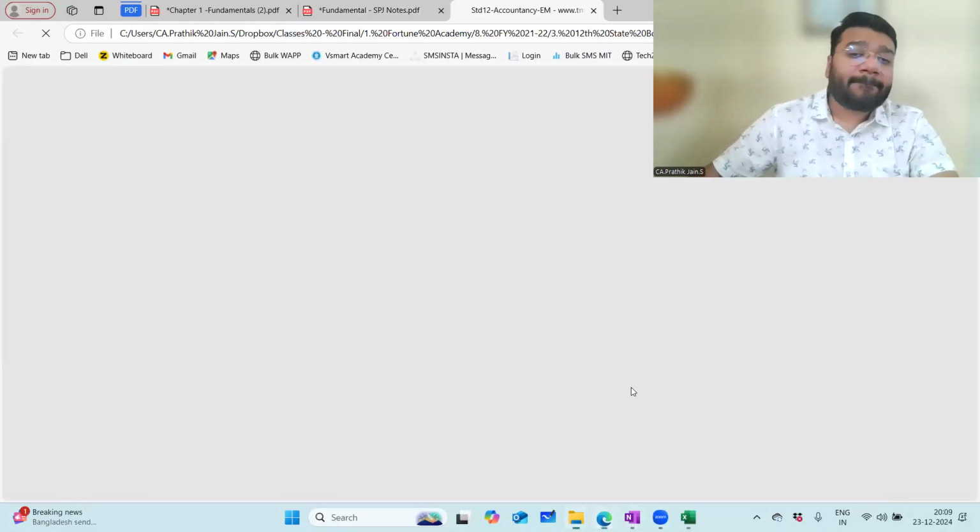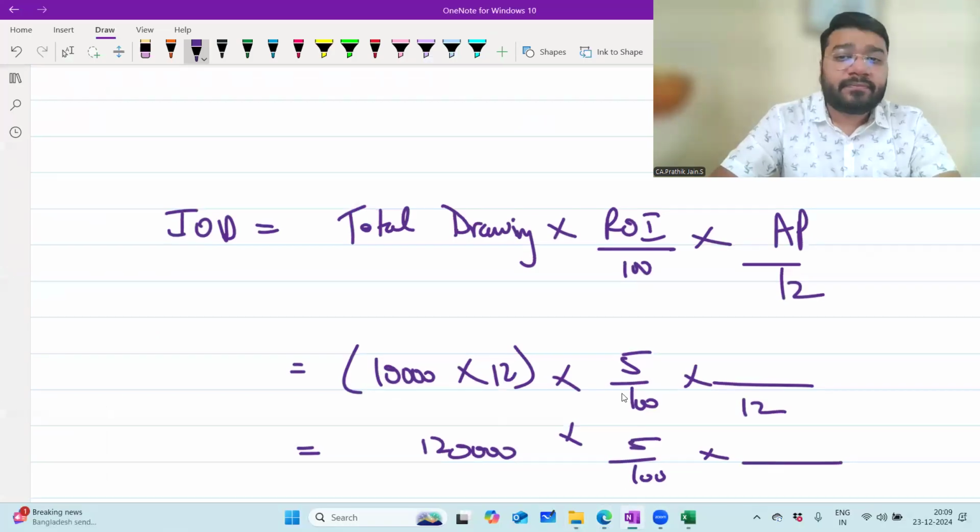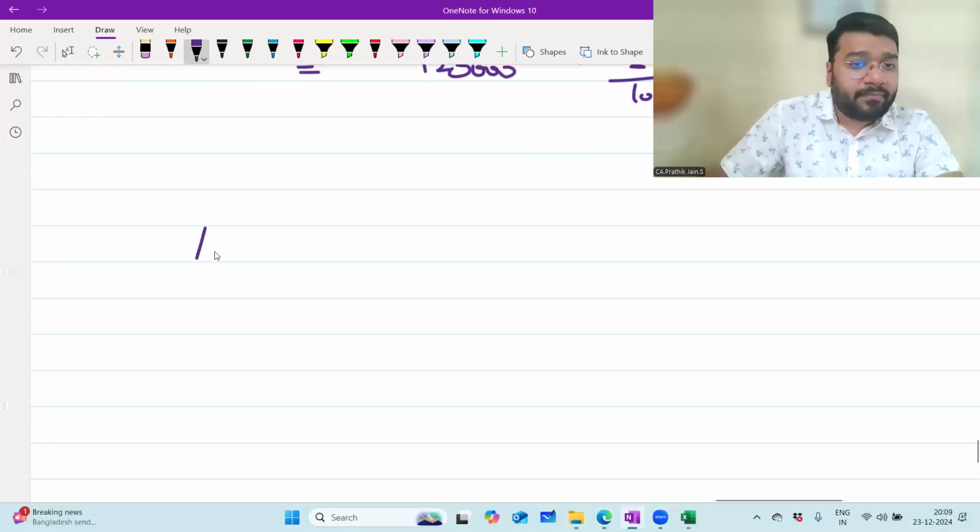What is the formula to calculate the average period in months? Months left after first drawing plus months left after last drawing.